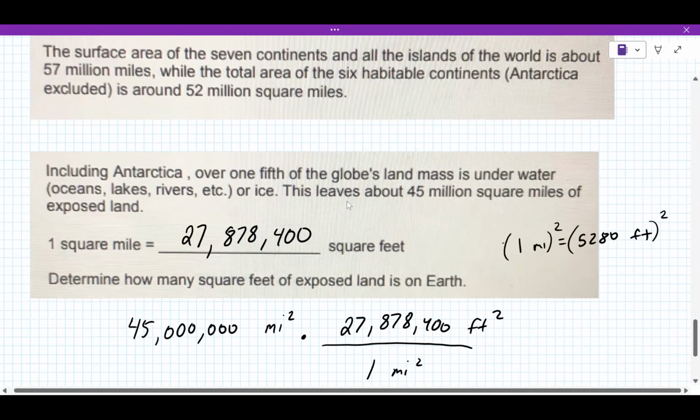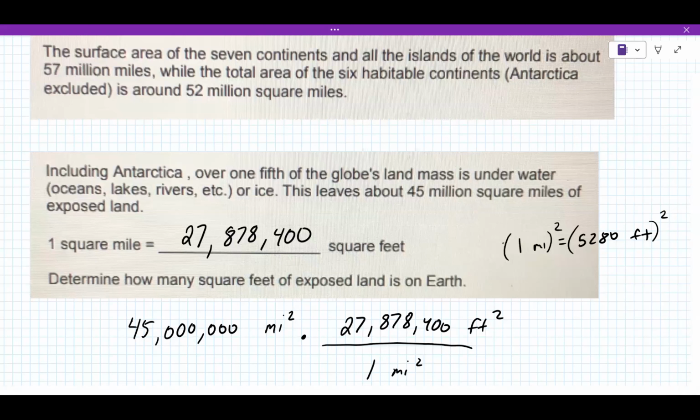I'm going with, there's about 45 million square miles of exposed land. That's miles squared. We know that 1 square mile is 27,878,400 feet squared. So when you multiply these together, this is the result that I'm seeing.